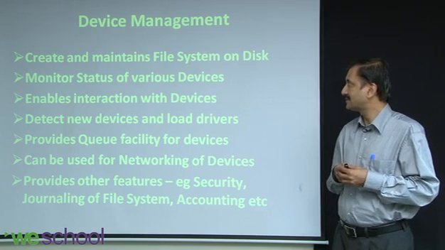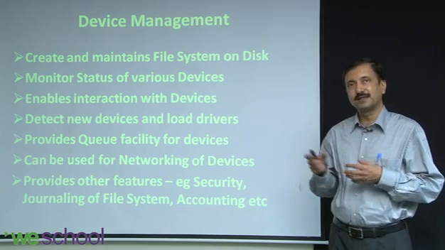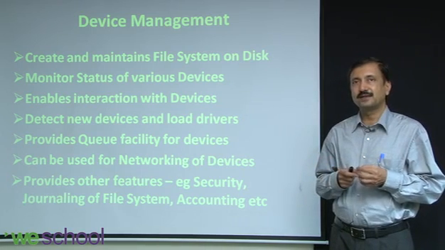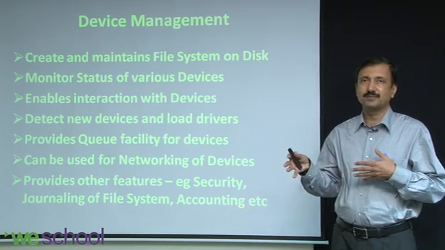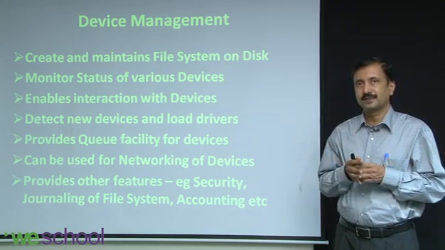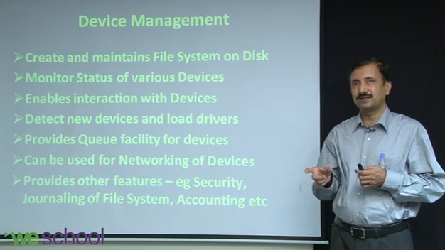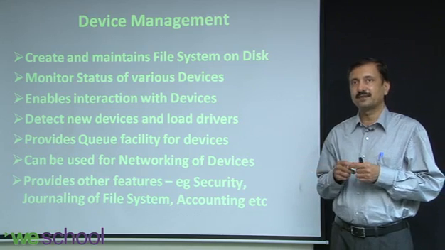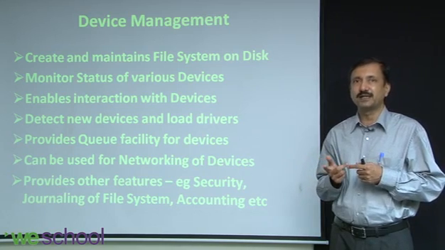The second major type of device which you interact with is typically a printer. Now in this context, when you refer to an operating system doing device management on the printer, suppose I give a command to print. It is the operating system's duty to find out whether such a device is connected to the machine at all. So it sends a message saying, do you exist and are you ready to communicate?